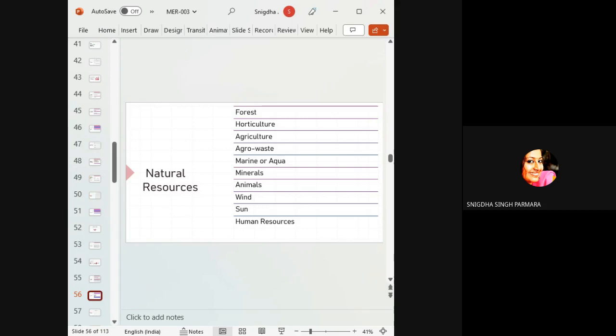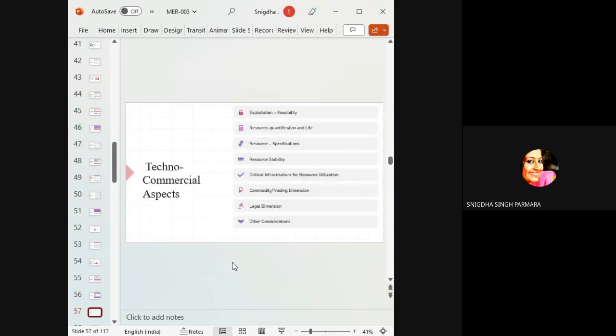Or agro waste, marine or aqua, minerals, animals, windmills, solar panels, or human resources also. Potential human resources could be tapped for effective and efficient utilization of the opportunities.